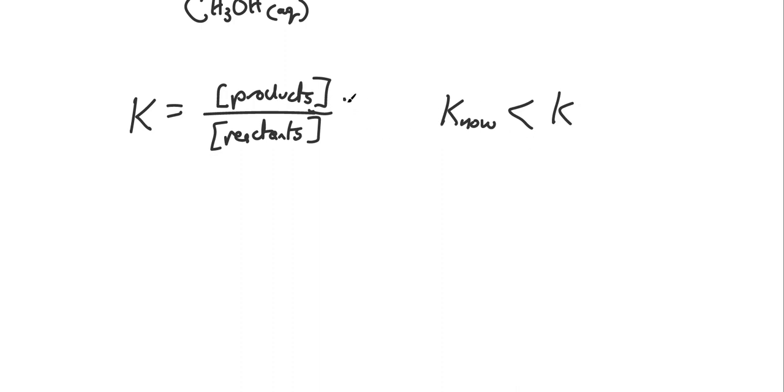In order for it to get bigger, you have to either create more products or create less reactants. So if we have our reactants gives us products, and we have to create more products, it's going to go that way, towards the products.